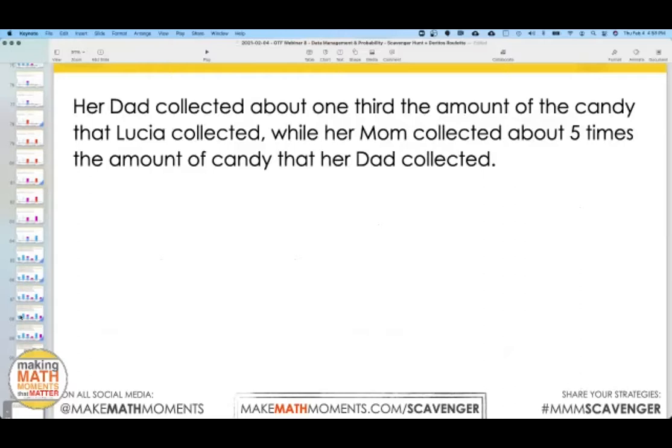after we consolidate and get this understanding of the relationship between the different candy quantities, we then send them on their way for a consolidation prompt where we say, her dad collected about 1/3 of the amount of candy that Lucia collected, while her mom collected about 5 times the amount of candy that her dad had collected.